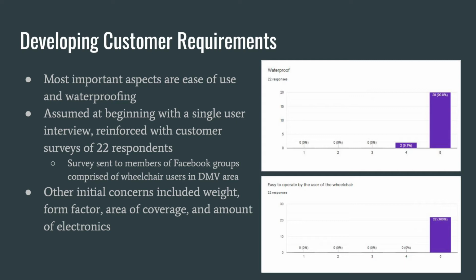After figuring those out, we sent out surveys that had a lot of these requirements on them and gathered information from people in the DMV area who were in wheelchairs, about what they would like to see in a product like this. We got about 22 respondents, and from those respondents, we figured out that our initial concerns included the weight, the form factor, area of coverage, and amount of electronics in the product.